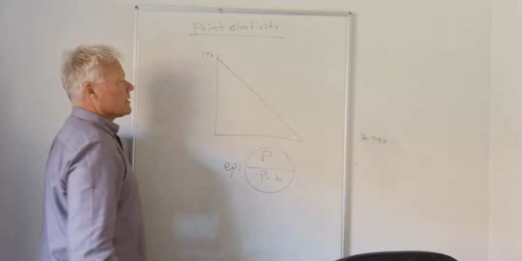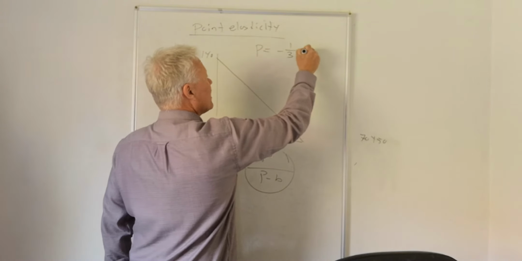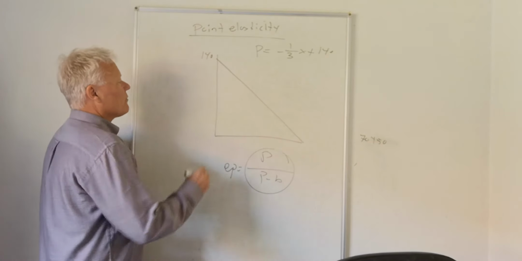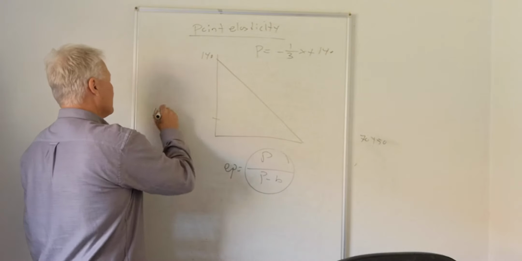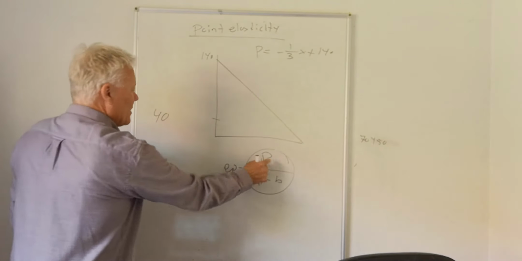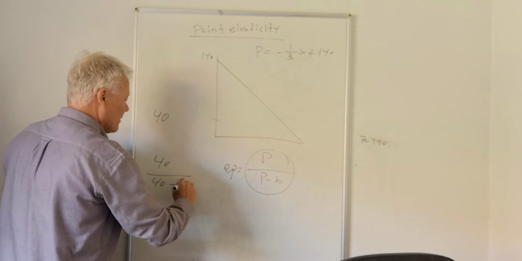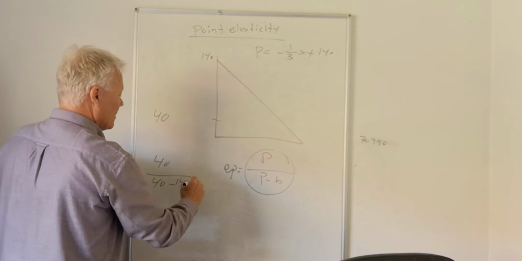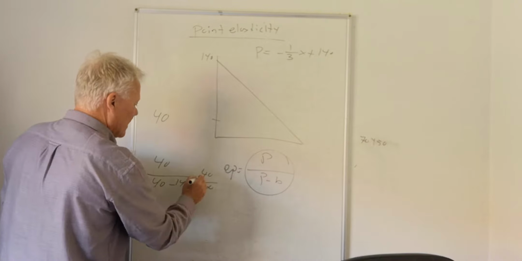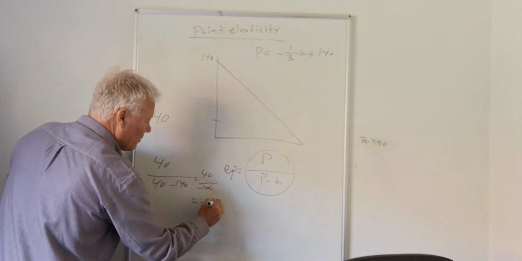We know the intersection is 140 because the equation was -1/3 X plus 140. So let's see, what is the price elasticity at a price of 40? Well, using that equation, we get 40 divided by 40 minus 140, which is the intersection. So we get 40 over 100, and then a minus. So that would be minus 0.4.